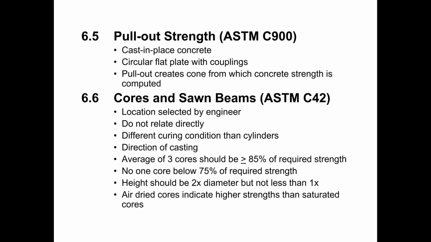So cores and sawn beams are going to be cut directly from the precast unit. And so the book says, when in doubt, have the design engineer select the location for where those cores or sawn beams are going to be cut. I recommend that you mark through the first 3 words of that sentence so that the sentence says, have the design engineer select the location for the cores or prisms.